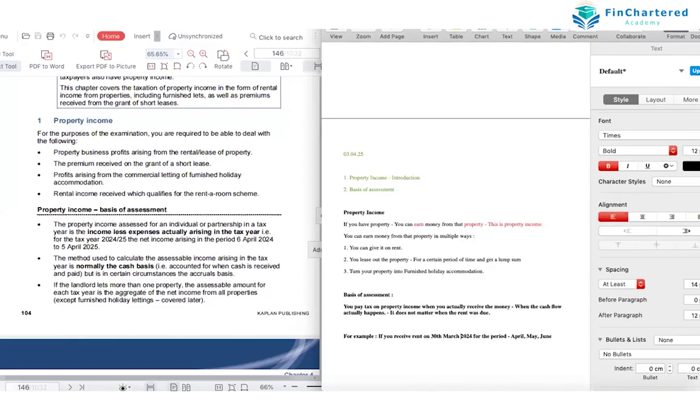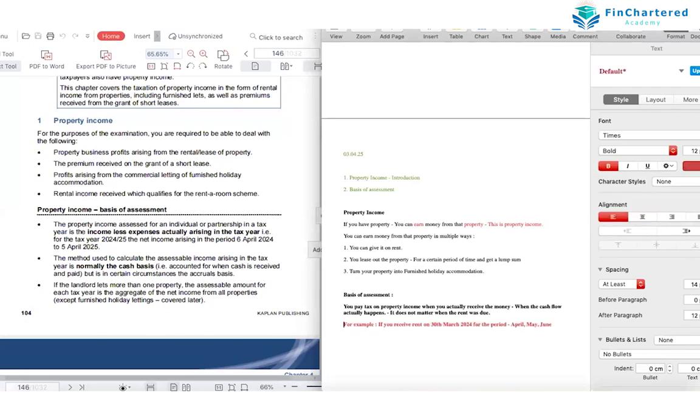Now, although you have paid it for April, May, June, you received the rent on 30th of March. Therefore, you will tax it for this tax year because the cash is received. Are you understanding?